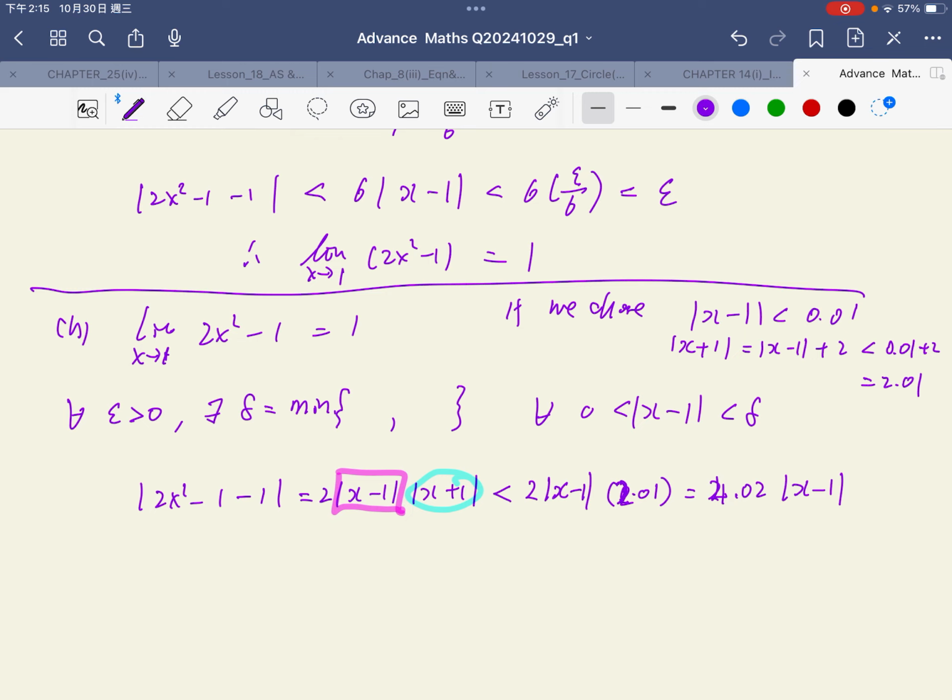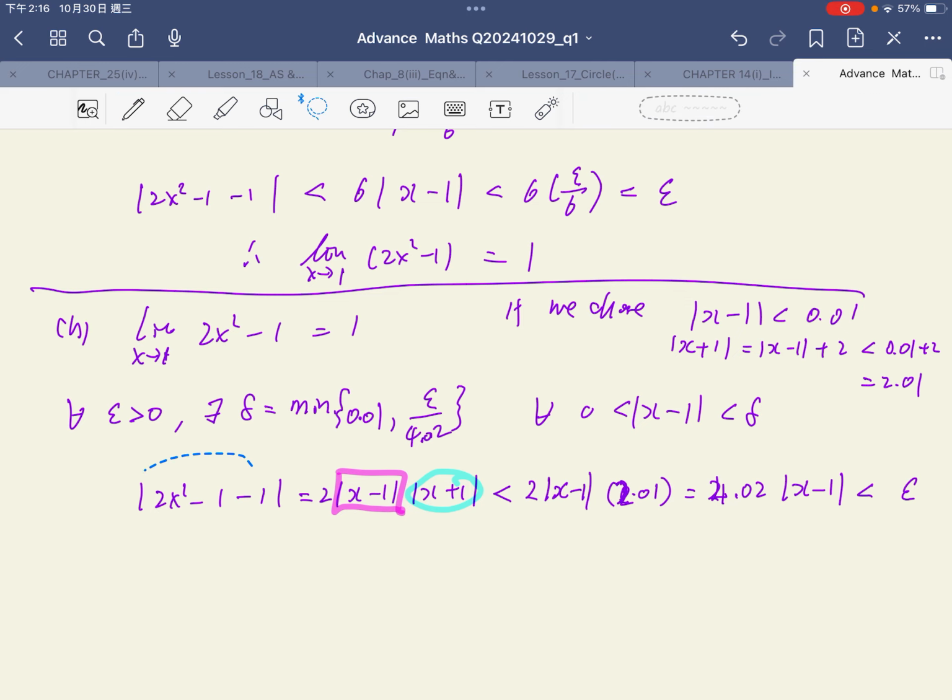In this case, we can choose the minimum delta equal to 0.1, and we hope we can obtain this destination. Therefore, delta should be taken as epsilon over 4.2.